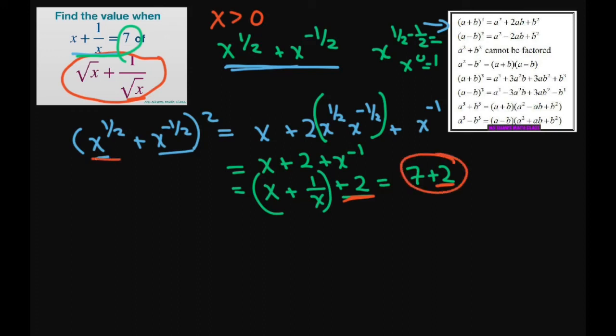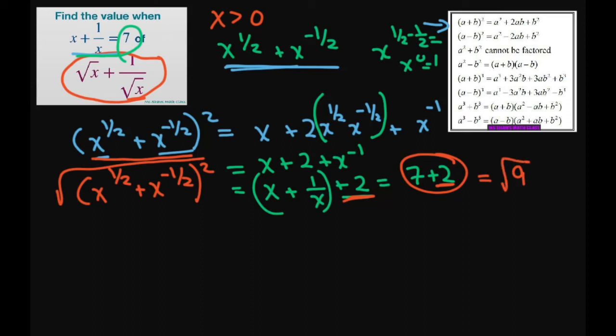So that's what x to the power of 1/2 plus x to the power of negative 1/2, squared, equals. If you square root both sides, you're going to get x to the power of 1/2 plus x to the power of negative 1/2 equals plus or minus 3.